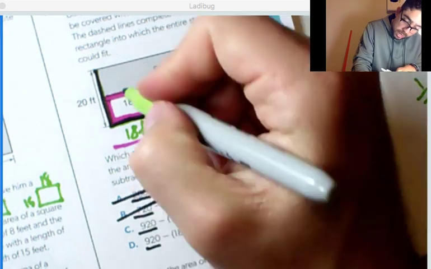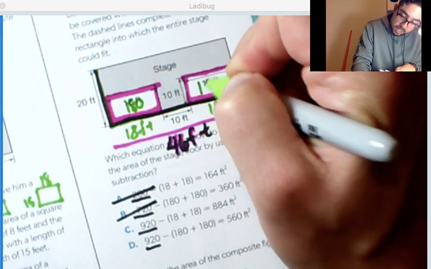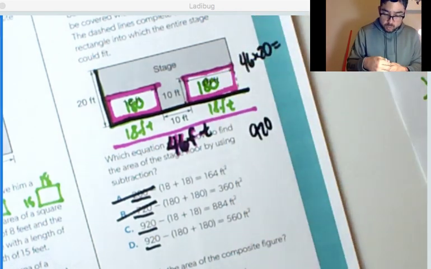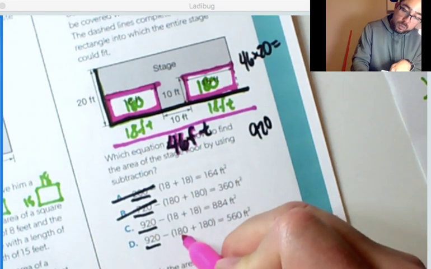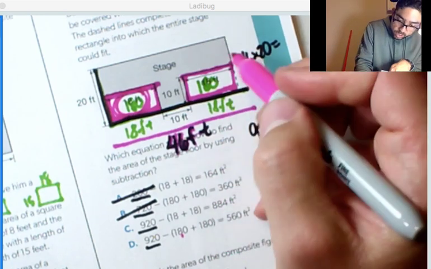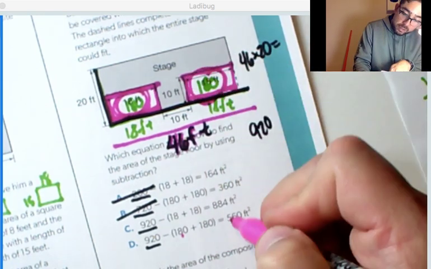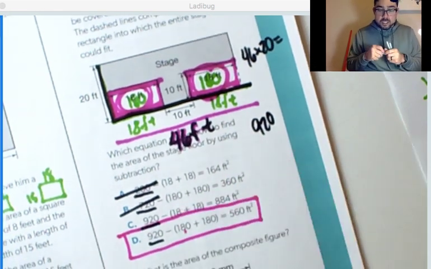If I multiply 18 by 10, I get 180. Again here, this is 180. So, which leaves us with 920 minus 180, which is this area, plus 180, which is this area, equals 560 feet. D is our answer.